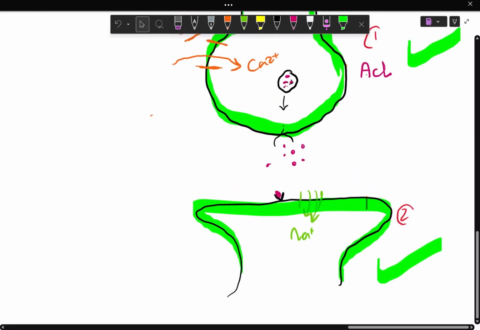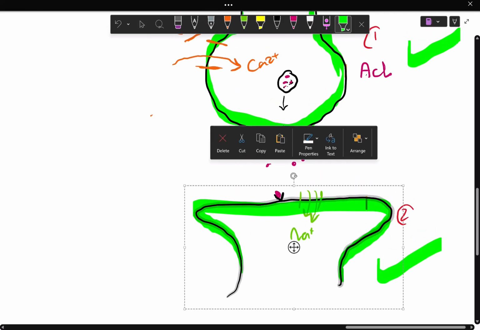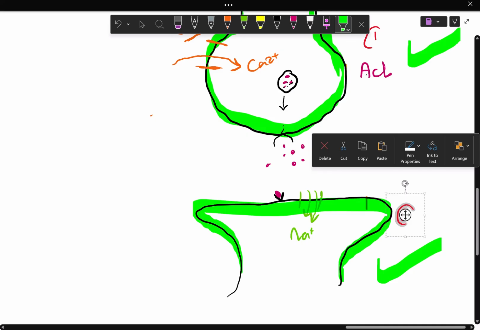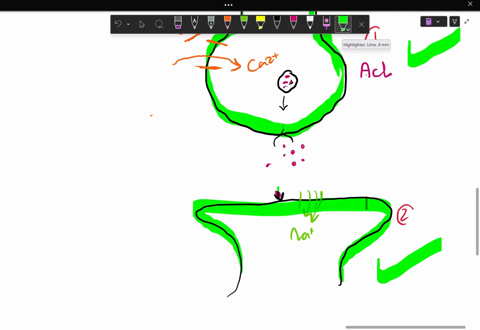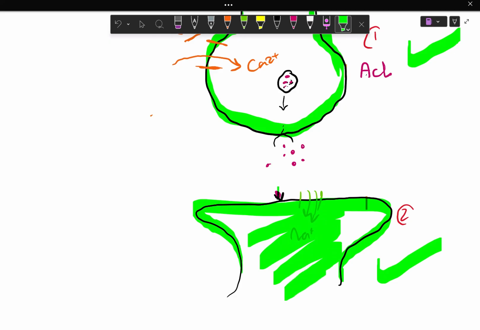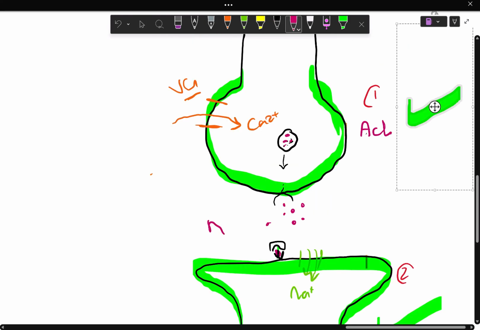After the action potential passes, we cannot keep the acetylcholine here forever, because this means this neuron will stay depolarized forever. So we have to somehow remove this acetylcholine from here. So there's an enzyme called the choline esterase enzyme. This enzyme comes here, fits on the acetylcholine, and removes it, breaking it down into acetate and choline.